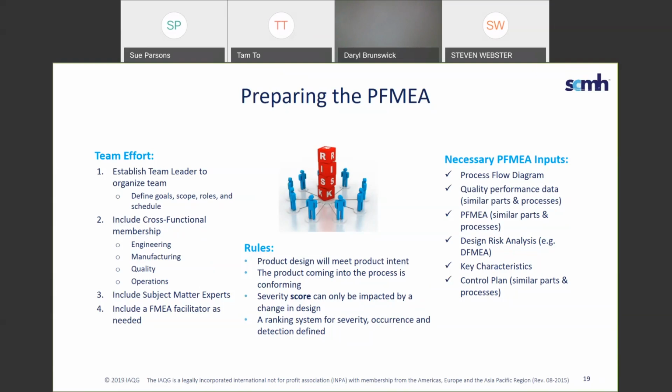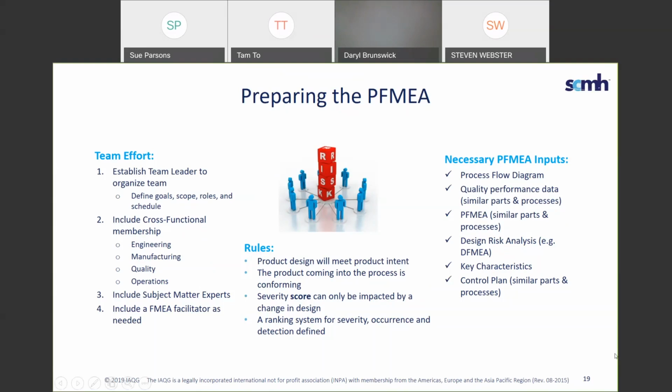Highly recommend you use subject matter experts, and these would include the process subject matter experts, but also somebody, a PFMEA expert, to help you navigate through the PFMEA if it's your first time putting it together. And that's the facilitator. Include the facilitator if you can.